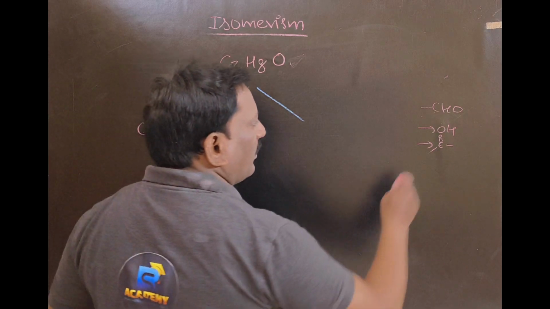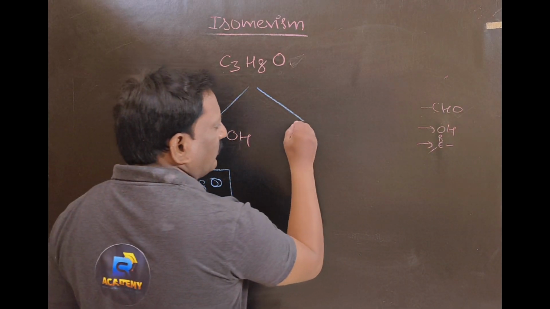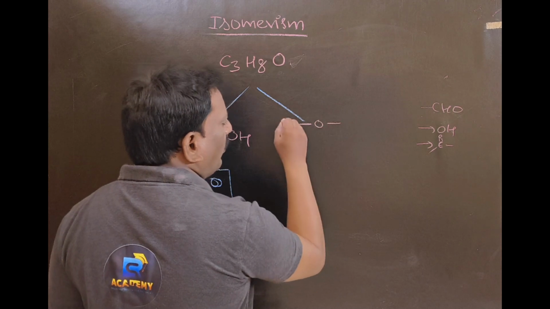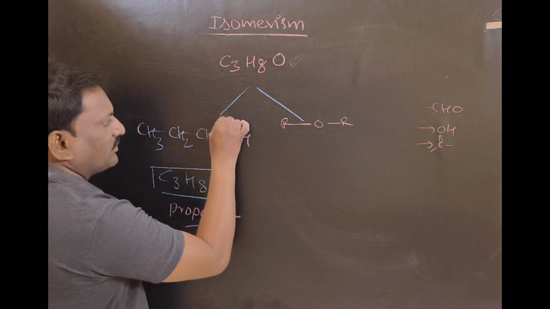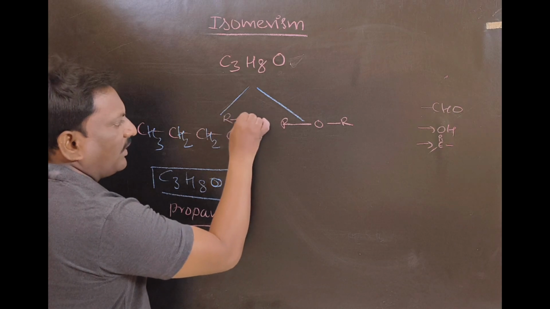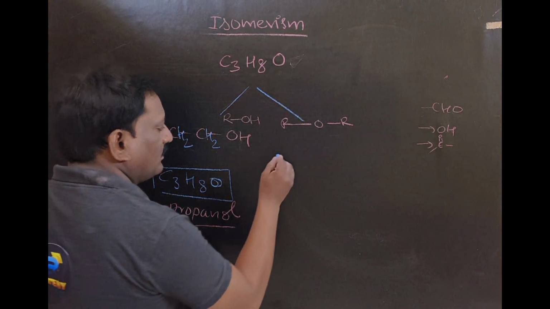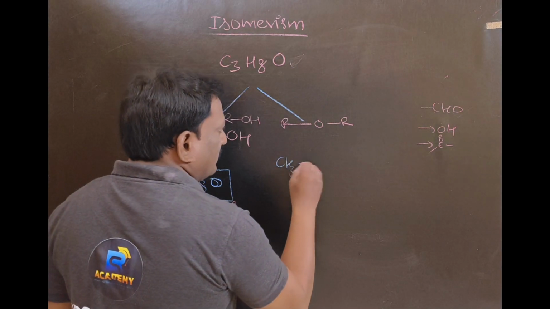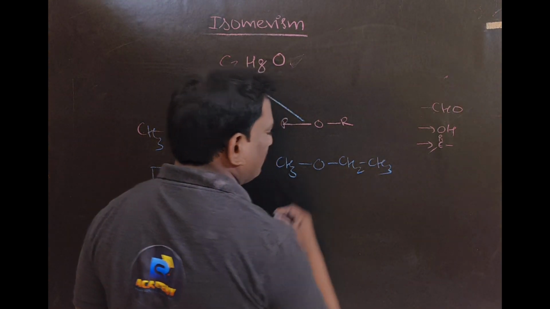Here alcohols can be converted to ethers. The ether general functional group formula is ROR. The alcohol general formula is ROH. Please remember that. Here, CH3, O, CH2, CH3.